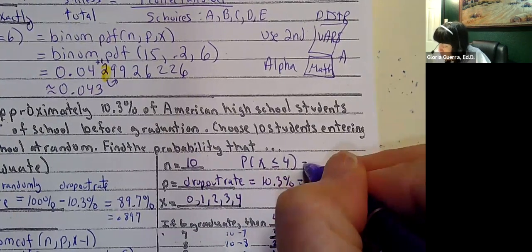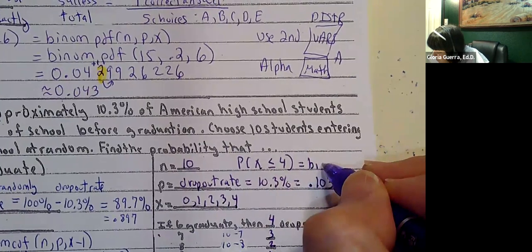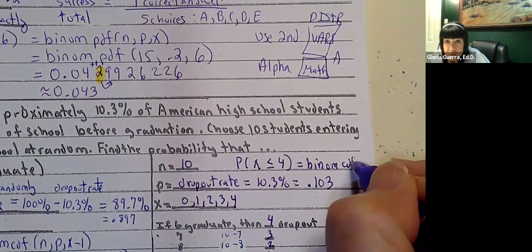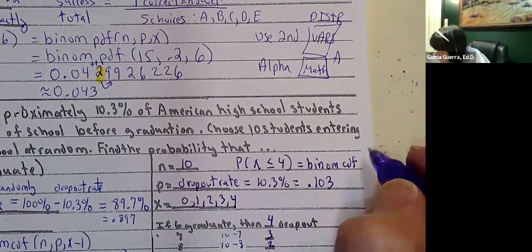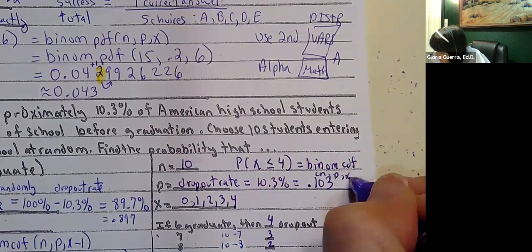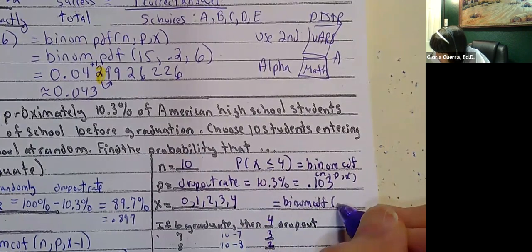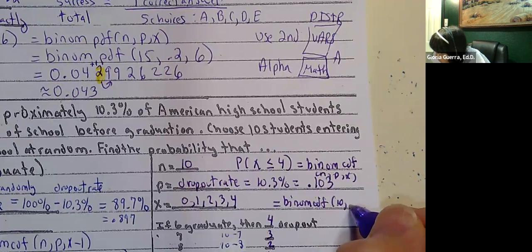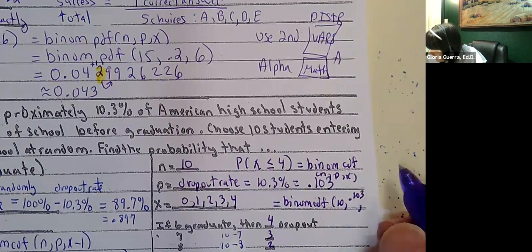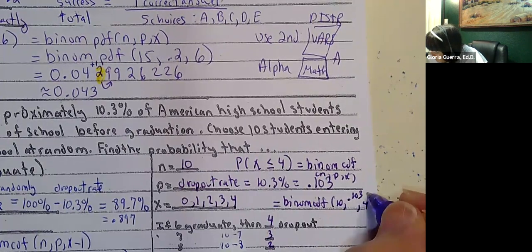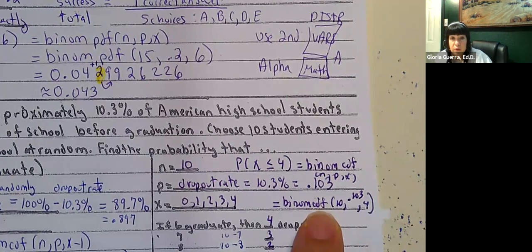But binomial CDF, right? In P of X. Okay, so binomcdf, N is 10, P is 0.103, and X is going to be 4, because remember, CDFs start from 0 all the way to 4.